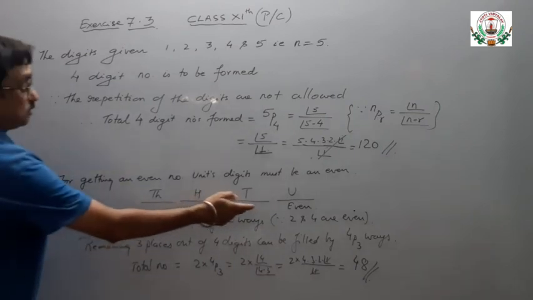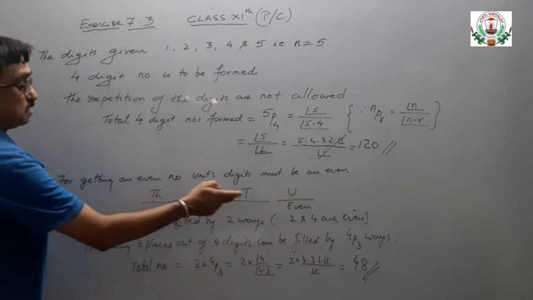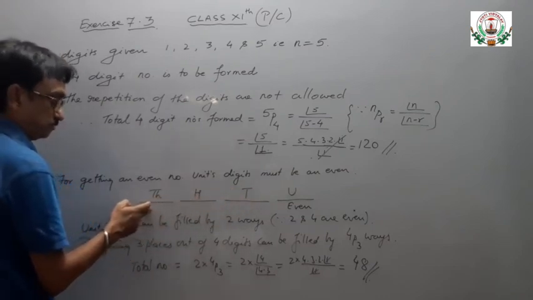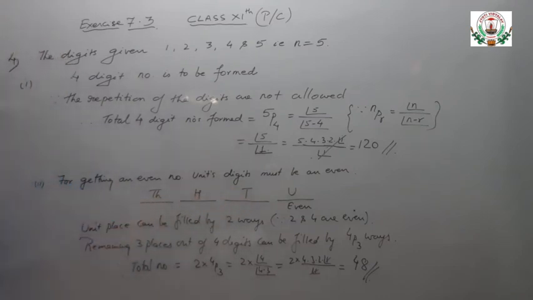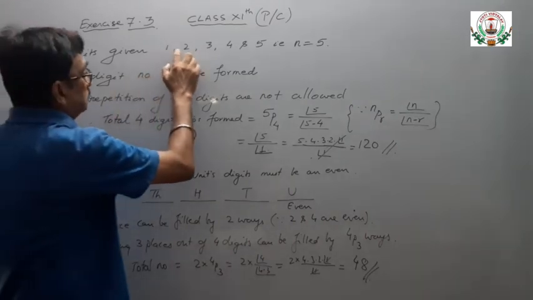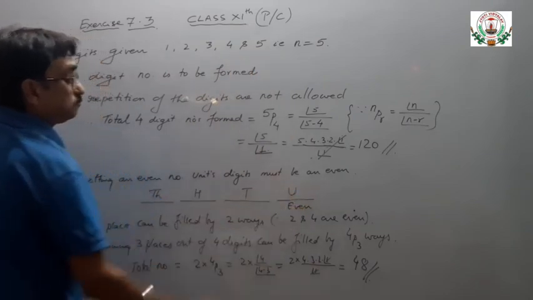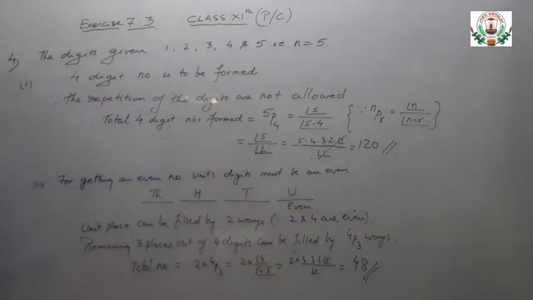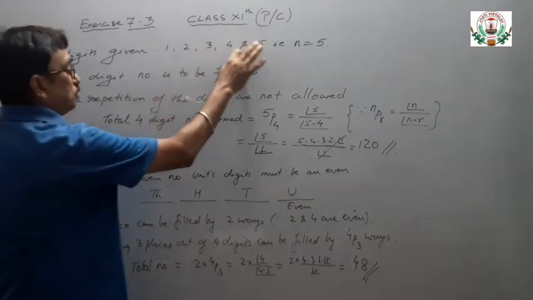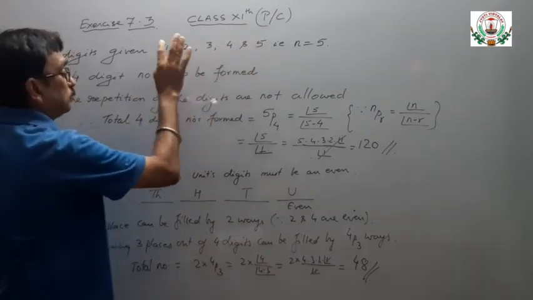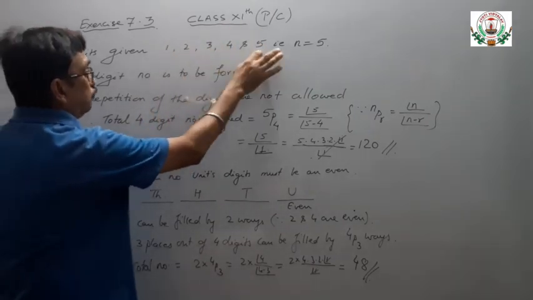Now, the remaining 3 places, that is tens, hundreds and thousands, we have to fill from the 4 numbers 1, 2, 3, 5. Suppose I have taken the even number in the unit place as 4. So with this 4 used, the remaining numbers are 1, 2, 3, 5.